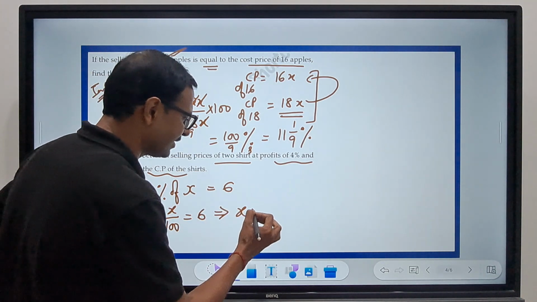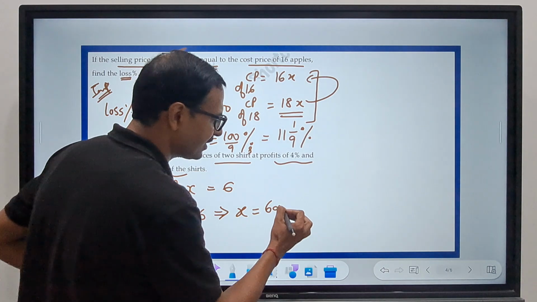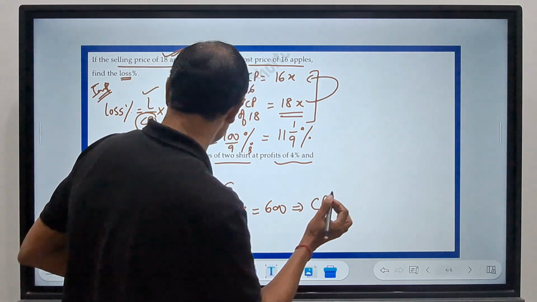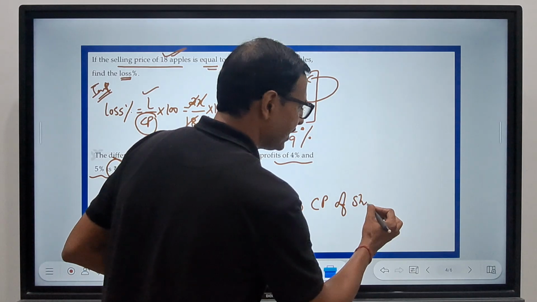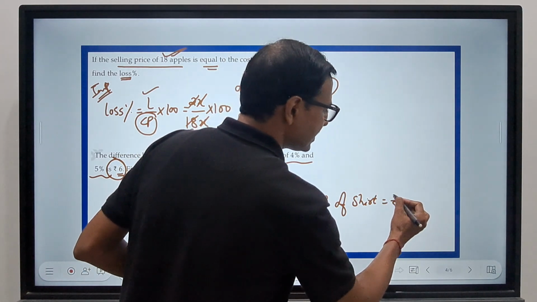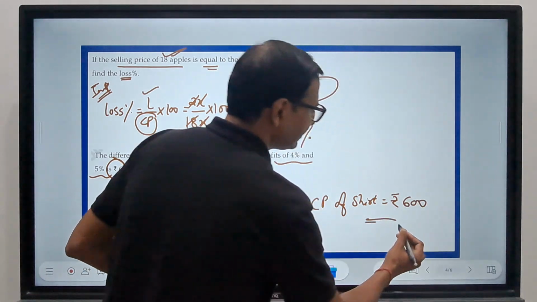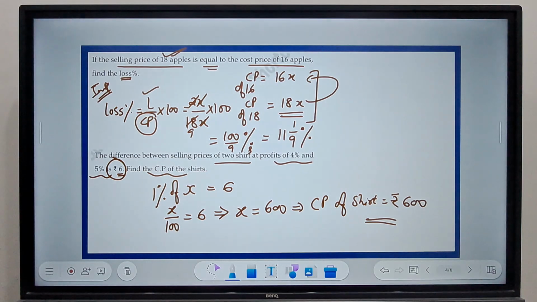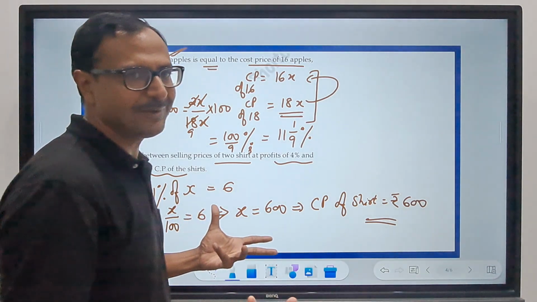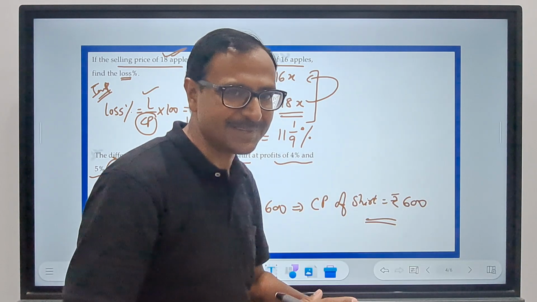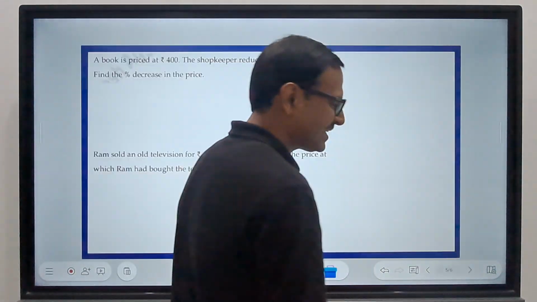That means x is 600, the cost price of each shirt is rupees 600. See, the question is very easy if you know the concept. It is difficult if you get into the formulas here, right? Let's see the next one.